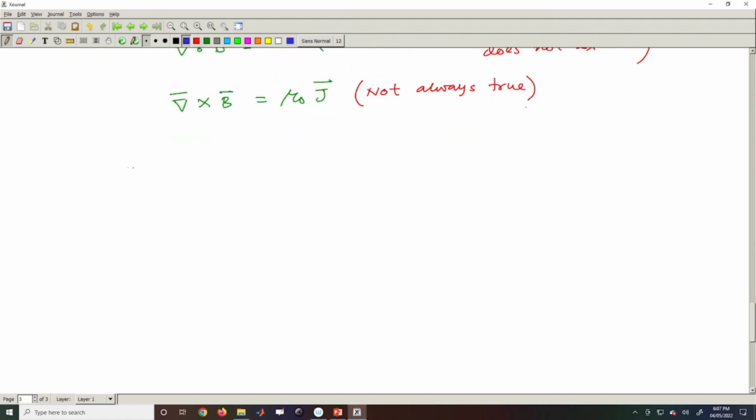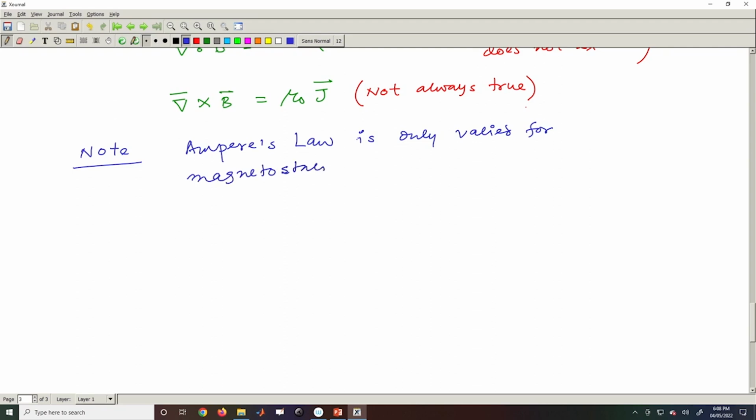So, I should write here a note that Ampere's law is only valid for magnetostatics.